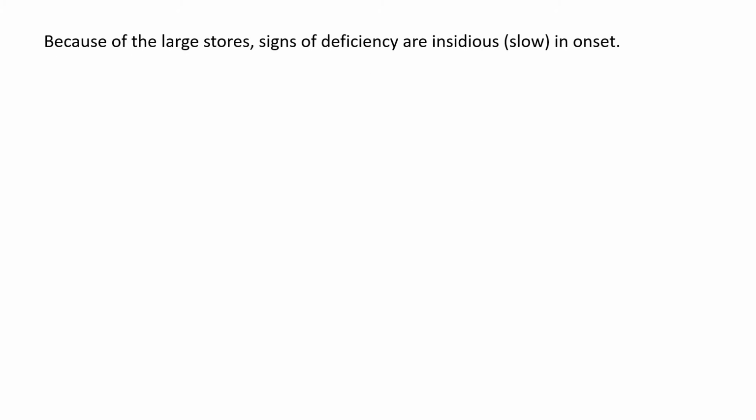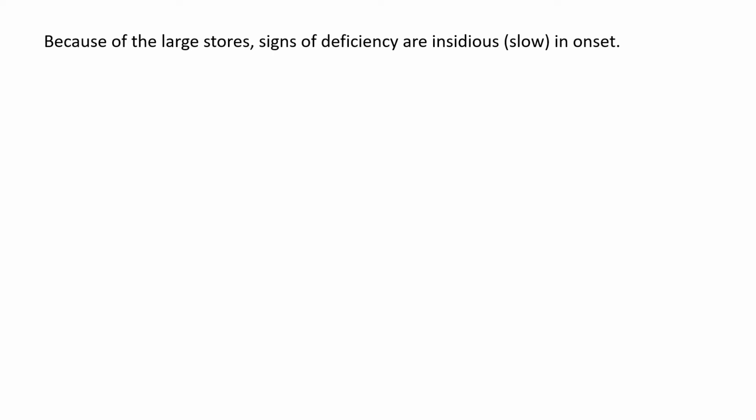Because we have these large stores, and this is a common theme really in endocrine and hematological disorders, any signs of deficiency tend to be very slow in onset. They are insidious. It's difficult to pick out.